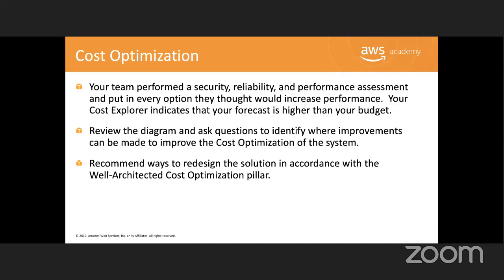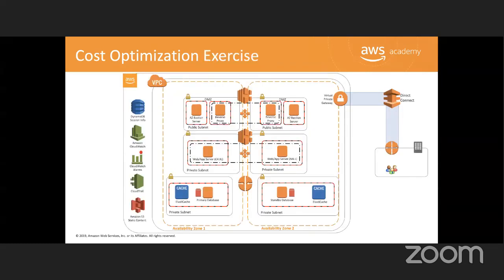Review the diagram and ask questions to identify where improvements can be made to improve the cost optimization of the system. Recommend ways to redesign the solution in accordance with the well-architected cost optimization pillar. This is the guy.